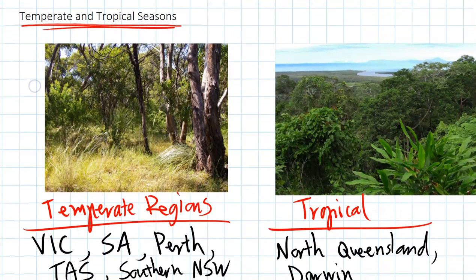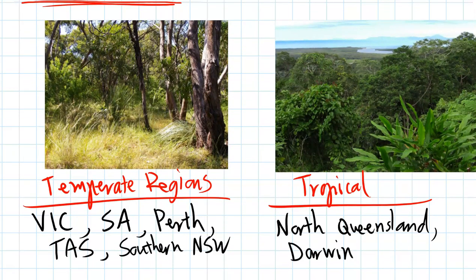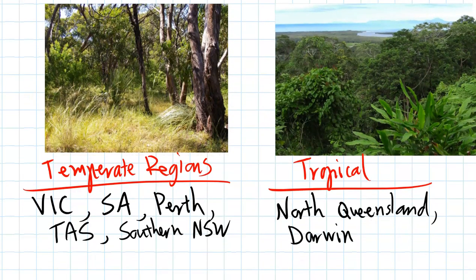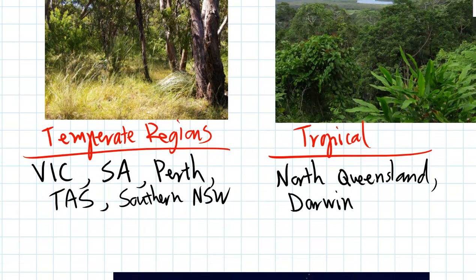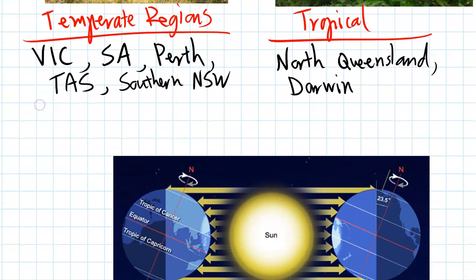Okay, well, we know what these areas look like, but the question is, how do the movement of the planets cause these different climates? So we've already learnt about the 4 seasons and how they happen because of the tilt of the Earth. And it's temperate regions that follow the typical seasons.